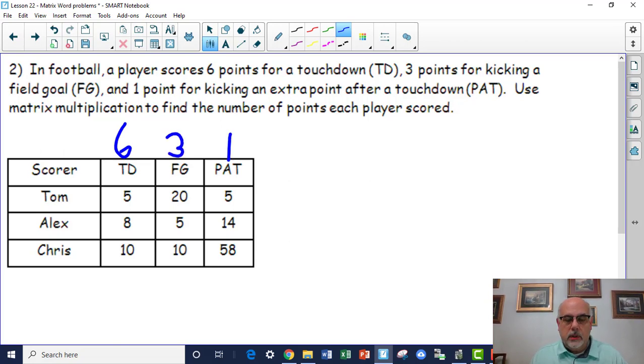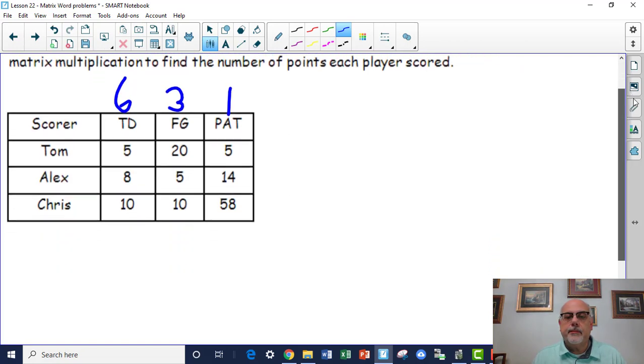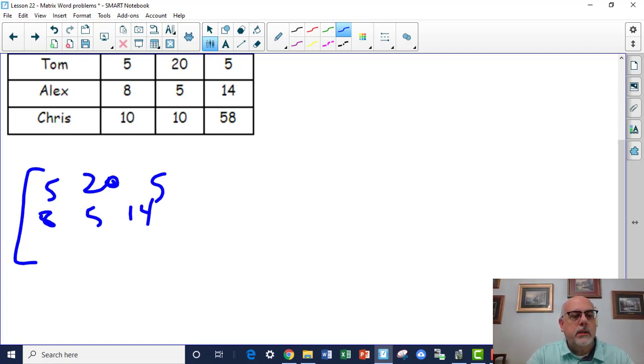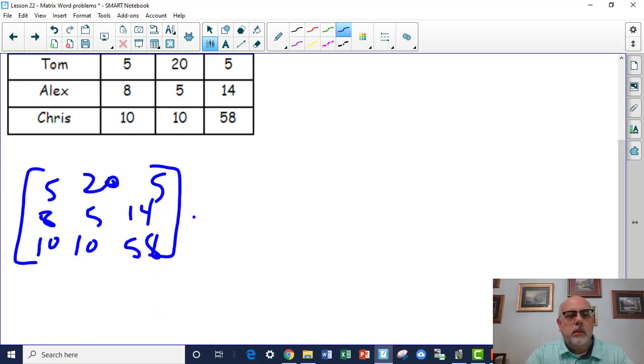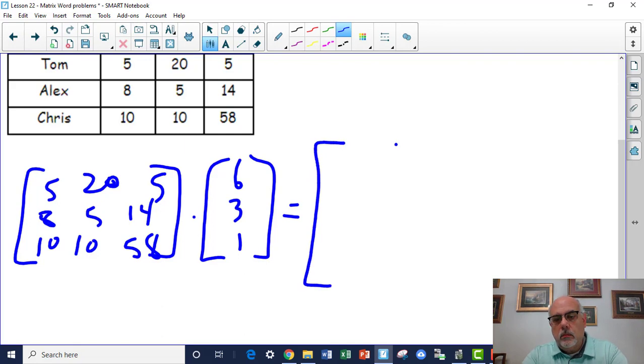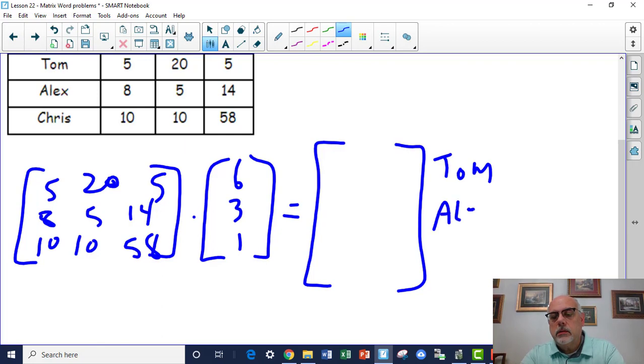Okay, so we'll construct a matrix: 5, 20, 5, 8, 5, and 14, then 10, 10, and 58 times 6, 3, and 1, and will give us a 1 column, 3 row matrix, and the value at the top will be Tom, then Alex, and then Chris.